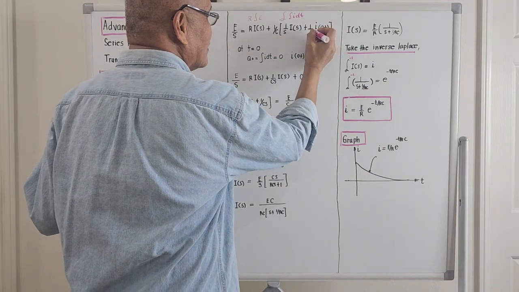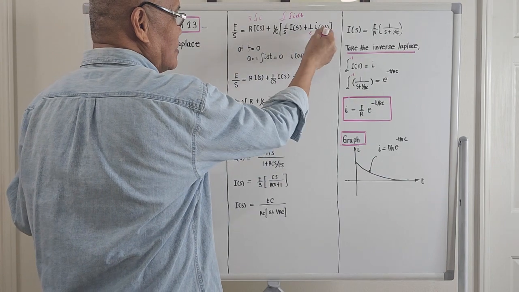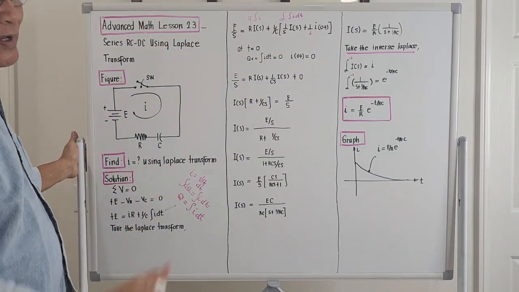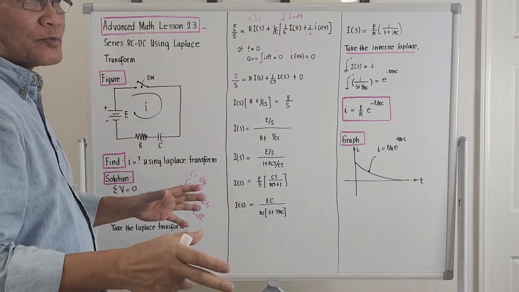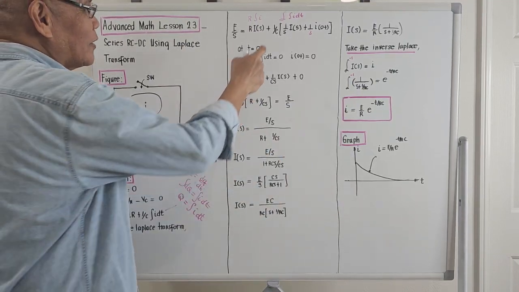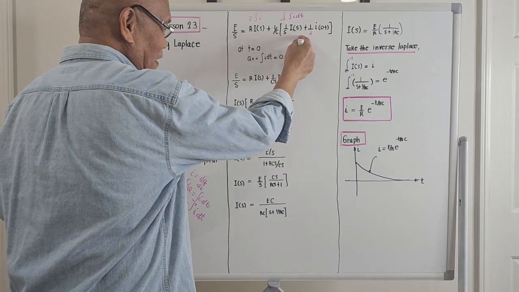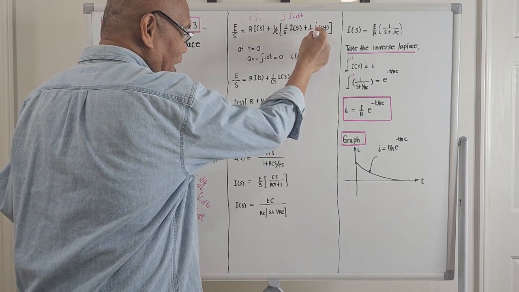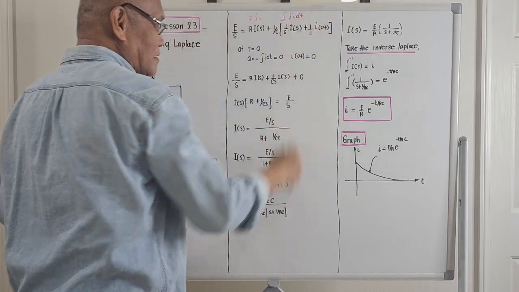That's why the last time around, I derived the formula on how to take the Laplace transform of the integral of any function, and that will be 1 over s, capital F as a function of s, plus 1 over s, small f at 0 plus.